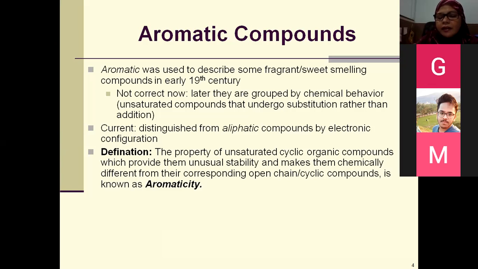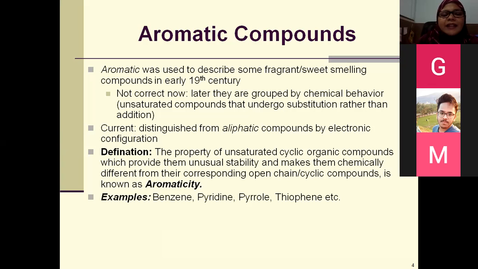Is it clear, students? So these are certain examples of aromatic compounds. You have also studied in 11th and 12th: benzene, pyridine, pyrrole, thiophene, furan, anthracene. Benzene is a 6-membered compound containing 3 double bonds alternately arranged on the carbon atoms.